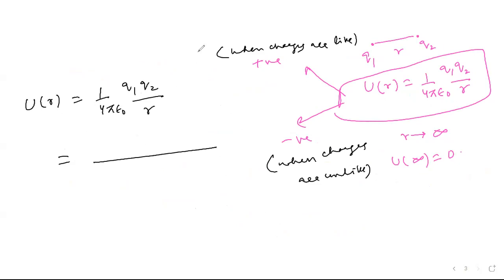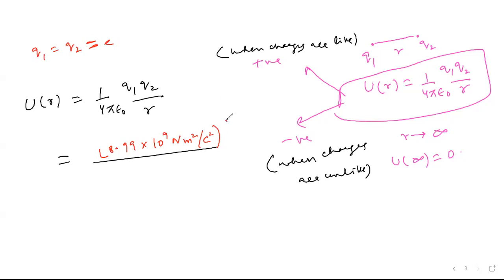The value of 1 by 4 pi epsilon naught is 8.99 into 10 raised power 9 Newton meter square per coulomb square times Q1 is Q2, both are E, charge on the proton, which we have written is 1.60 into 10 raised power minus 19 coulomb.